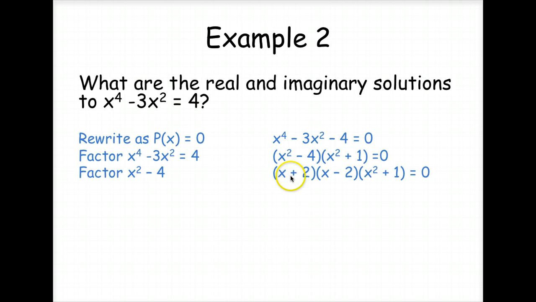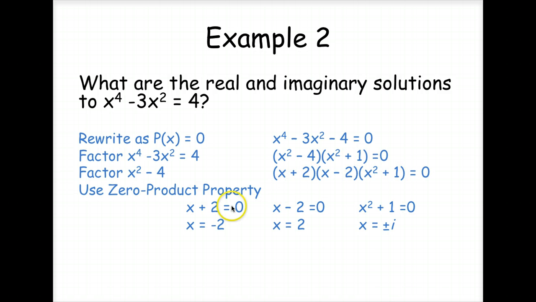We can factor it yet again as x plus 2, x minus 2 times x squared plus 1. Set every one of the factors equal to 0. So we're going to have negative 2, positive 2, and when we take the square root of a negative 1, we've got positive or negative i. So all of our solutions: negative 2, 2, i, negative i.